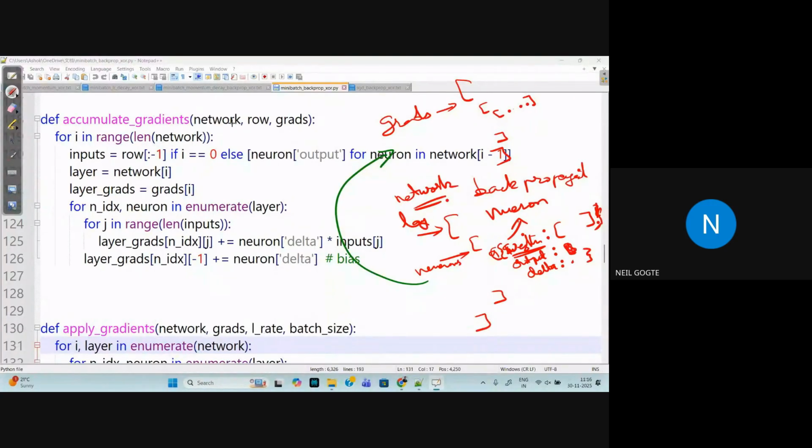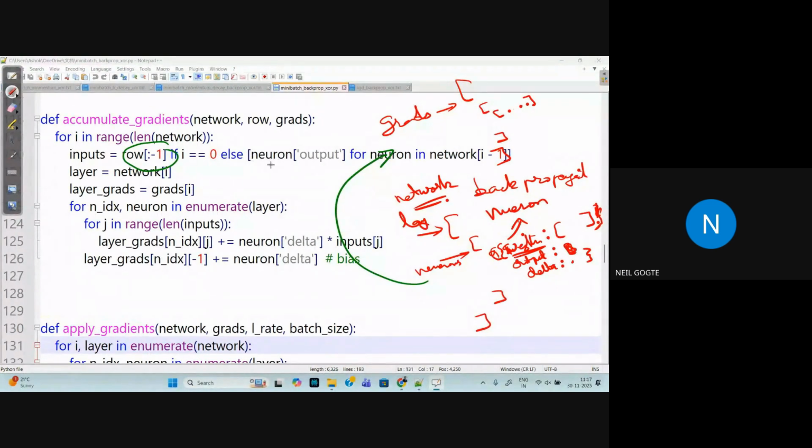Now we are looking at a row here, row inputs. So we need the inputs. Row is this for i equal to 0, else neuron output for neuron in network i minus 1. What this means is for the first layer, I take the actual input.